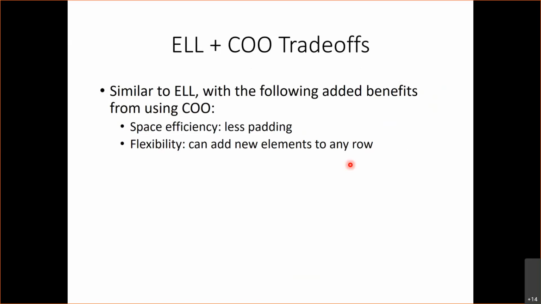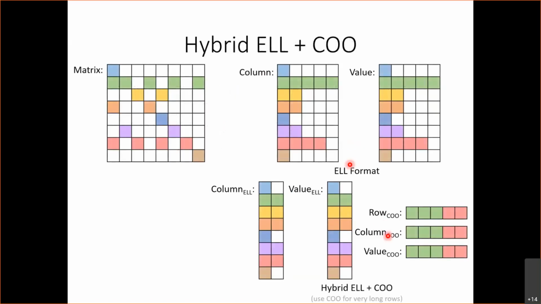Actually, Professor, wouldn't it lead you to doing something very similar to ELL plus COO? You would have another matrix, or not really. So here with ELL plus COO, we're going to have one thread that's going to go through these elements that are in the ELL part, and then we're going to have different threads process each of the elements of the COO part.